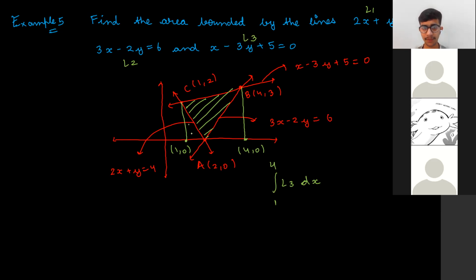So I have to subtract this area and this area. So minus, for this first area it will be the integration from 1 to 2, and which line is it? It is L1. So minus L1 dx. Also I have to subtract this area, so minus the integration from 2 to 4. And which line is this? This is 3x minus 2y. So that means minus L2.